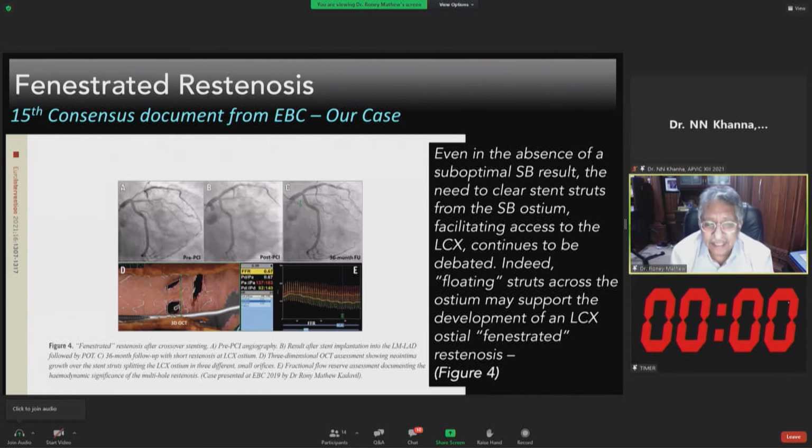In fact, this was presented at the European Bifurcation Club, and in the 15th consensus document, they incorporated this case of ours, and they said that struts across the ostium continues to be debated. The floating struts support the development of a fenestrated restenosis.